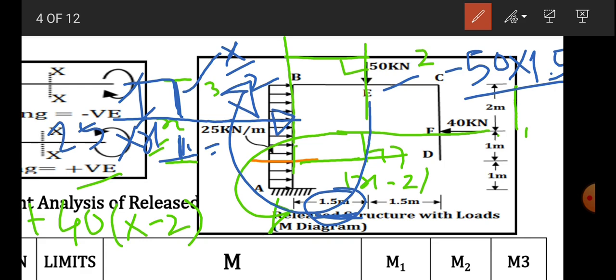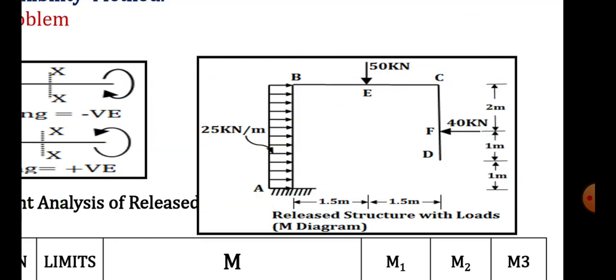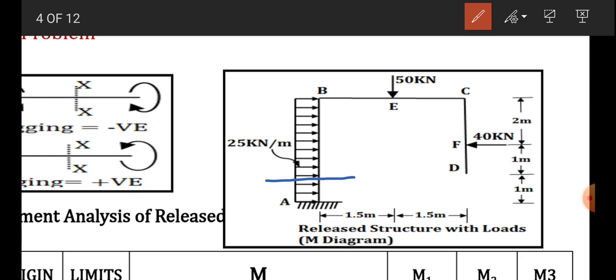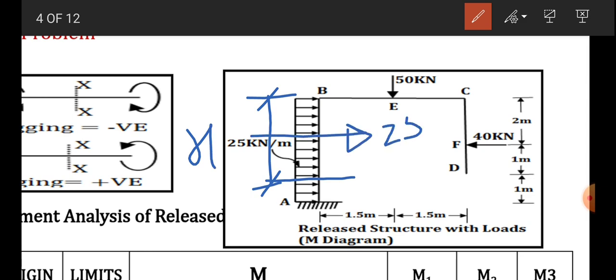So for the moment, if we rotate it, out of the two imaginary axes we have to consider the horizontal axis, located at a distance of x, and this will act as the lever arm. The lever arm is nothing but x by 2, and the UDL converted into the point load has a value of 25 into x.